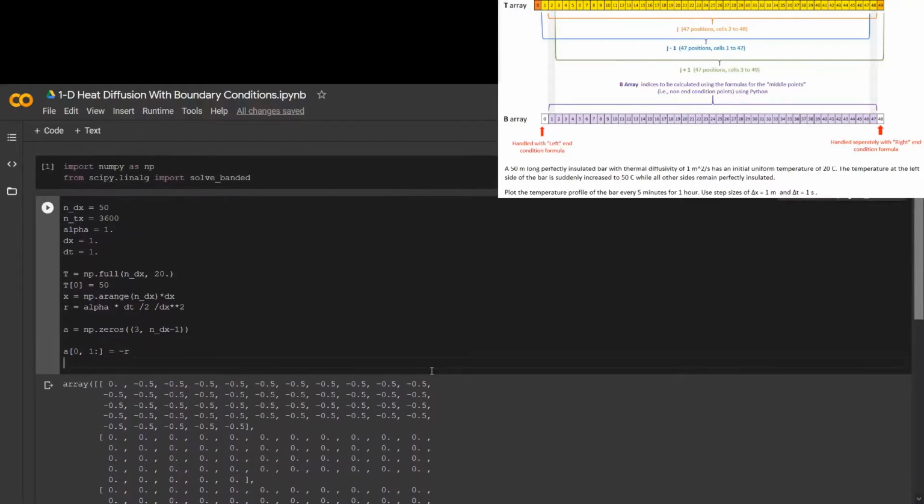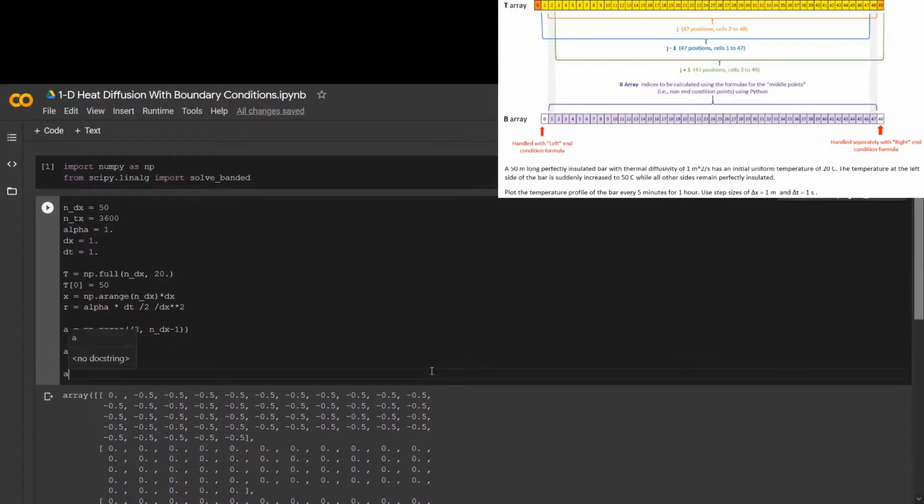And now let's do our 1 plus 2r. This is where we're at the diagonal. All these associated coefficients are with the actual j value that we're solving for, not j plus 1 or j minus 1, right? So this is our next row, and let's just make everything right now.